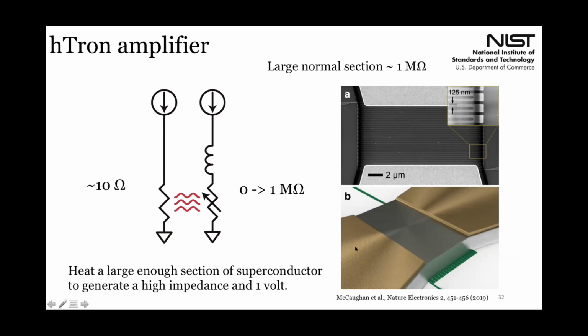And so the device consists of what's essentially a hot plate resistor separated by a thin layer of dielectric from a large superconducting meander. And when you heat up the hot plate, then you heat up the entire superconducting meander, and you generate a high impedance around a megohm, and therefore you can generate a volt.